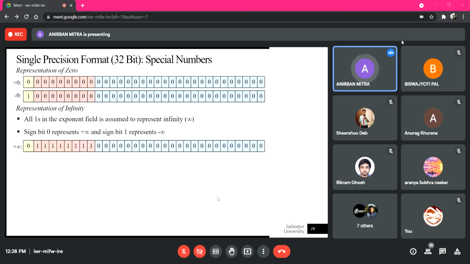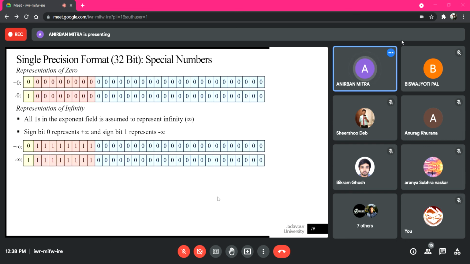So this is the representation of positive infinity, and this is the representation of negative infinity. And again, exponent of all ones is not allowed anywhere else.